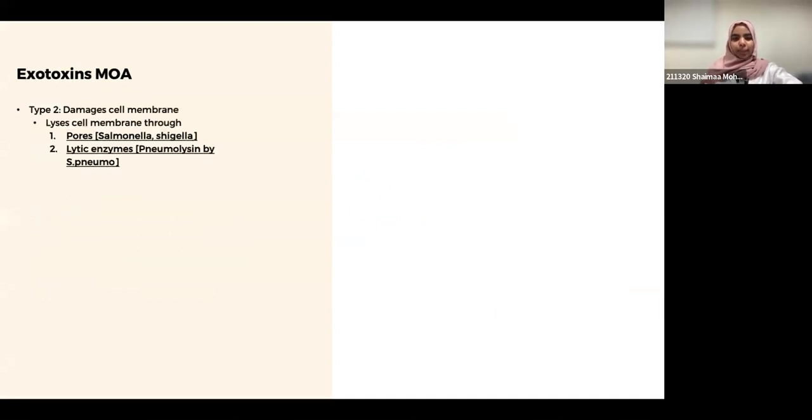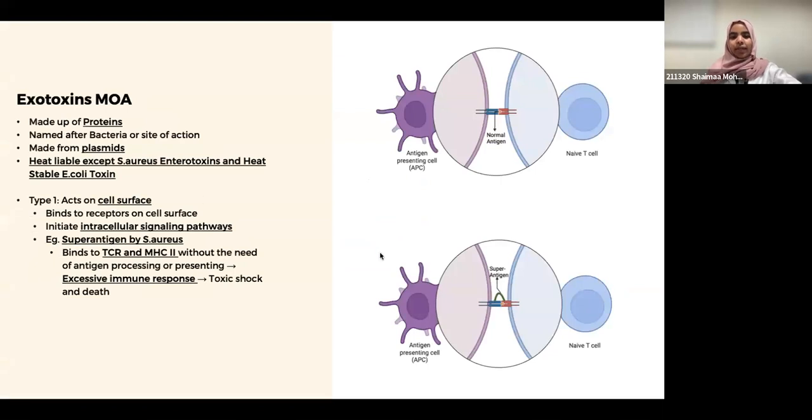As you can see, the super antigen, basically what happens normally is that an antigen presenting cell is going to engulf the bacteria, break it down, and then present the antigen of the bacteria to a naive T helper cell, okay?